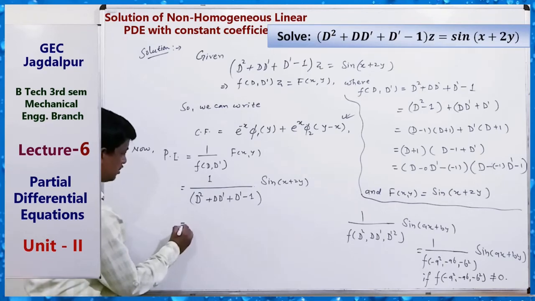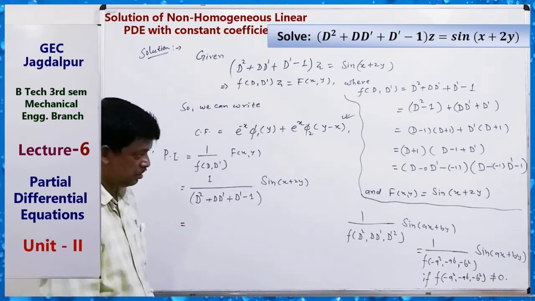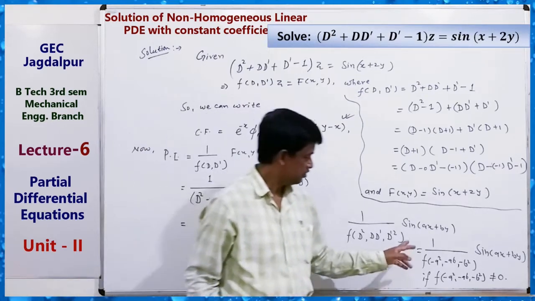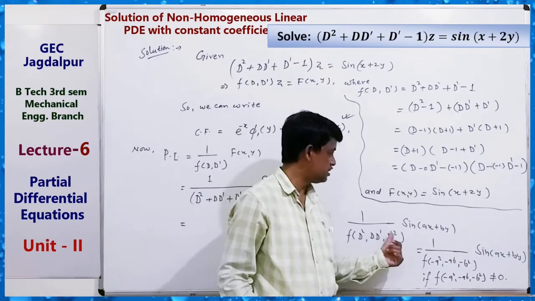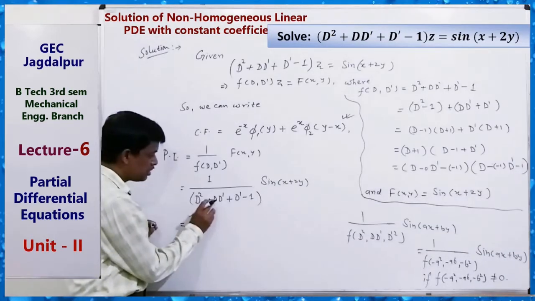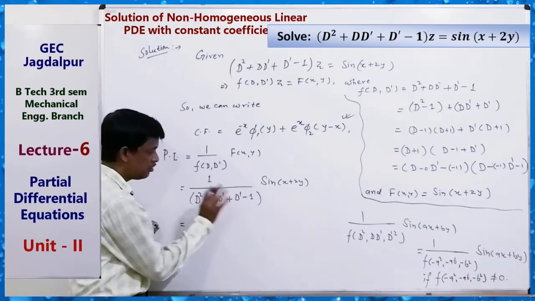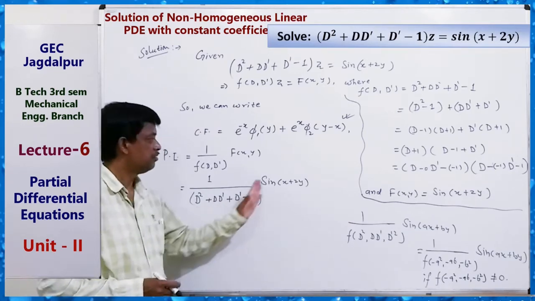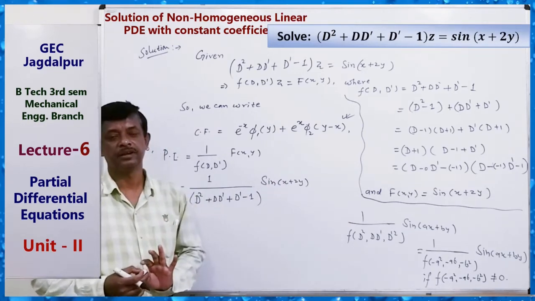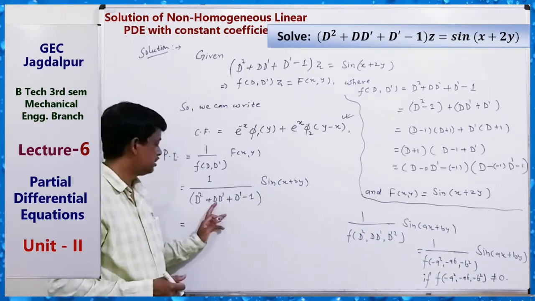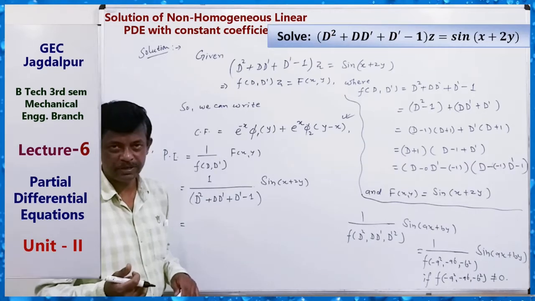But it is not required that every term D², DD', D'² be present. Here D², DD', and only D'. So we put a and b in place of D² as −a² and DD' as −ab.